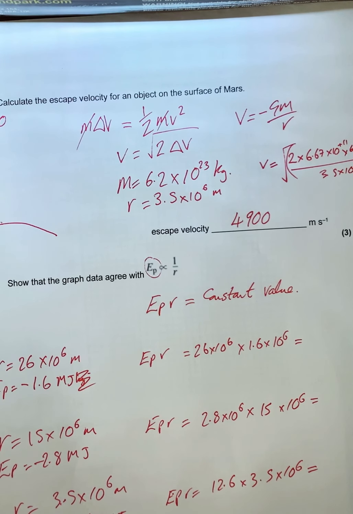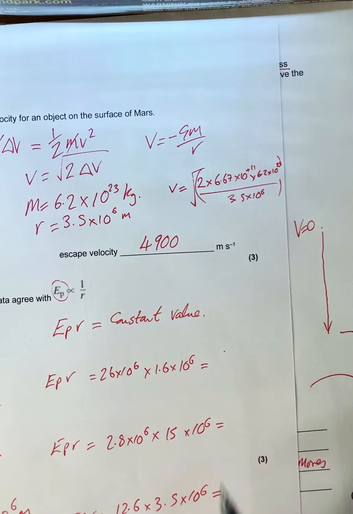12.6 times 3.5. So that would come out as 4.4 times 10 to the 13 newtons per kilogram.